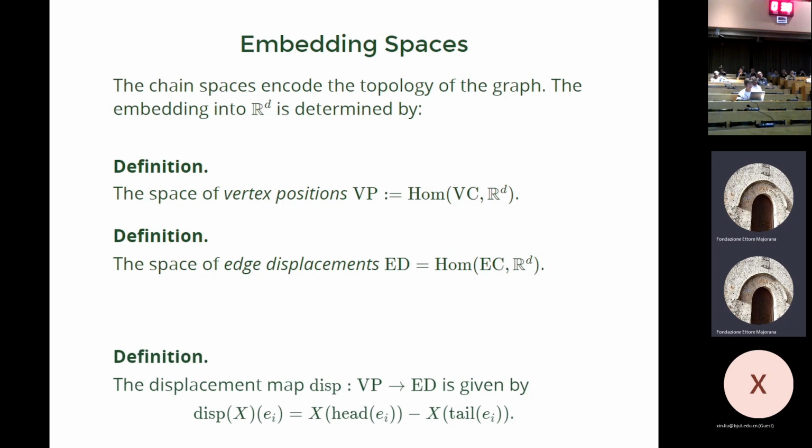The edge displacement, remember, is a thing that inputs edges and outputs vectors in R^D. So X is a vertex position. It's going to eat an edge, and what it's going to spit out is exactly this. It's going to give you the position of the head of the edge, the embedding of the edge, minus the position of the tail of the embedding of the edge. Well, that's exactly the displacement along the edge. That's exactly the edge vector as a vector in R^D.